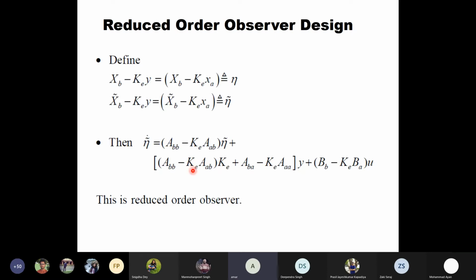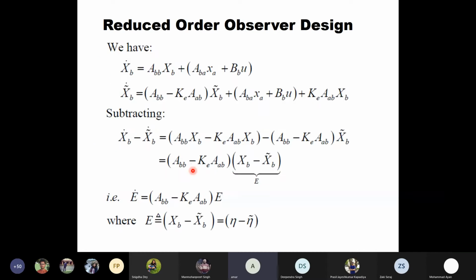Now, to find out the reduced order observer gain, we have to further modify the equations so that we can write them in terms of error dynamics. Now we have x_b dot is equal to A_bb x_b plus A_ba x_a plus B_b u, which is basically A x plus B u. So x_b hat dot will be (A_bb minus K_e A_ab) x_b hat plus A_ba x_a plus B_b u plus K_e A_ab x_b.